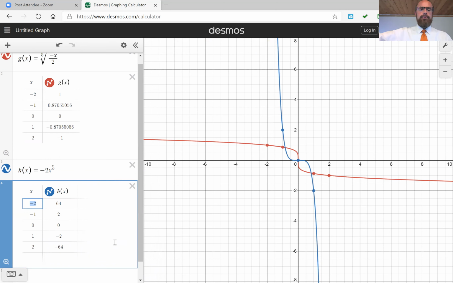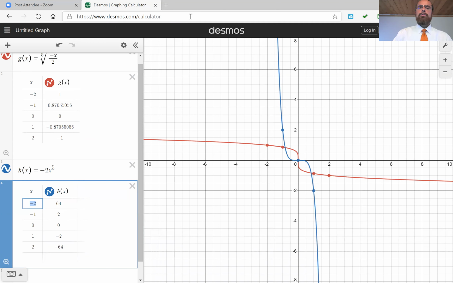Output for -2 is 64, ungraphable, but I'll record it. 3 middle points are very graphable. So -1, 2, 0, 0, 1, and -2. And then I also have 2, -64. Again, ungraphable. It's off my screen, but I'll go ahead and record it.